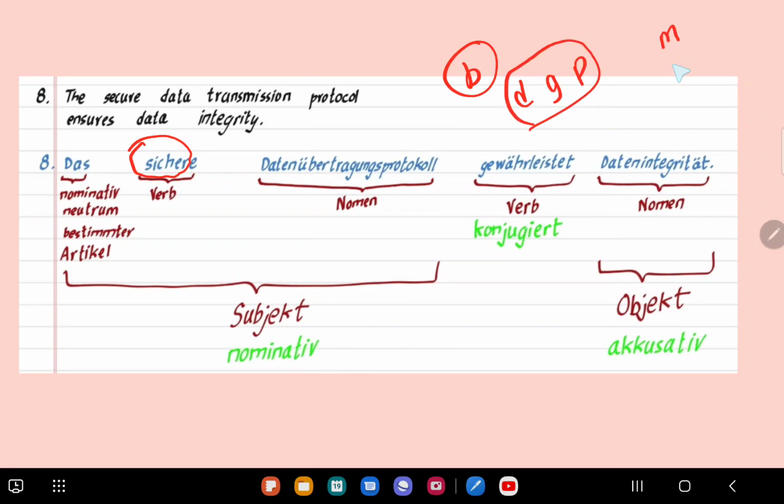For masculine it was er for nominative, and n for accusative. What about feminine? It was e and e. What about neutrum? It was e and e, I believe. So e. And how do you say ensure? You say gewährleisten. Integrity, Integrität.